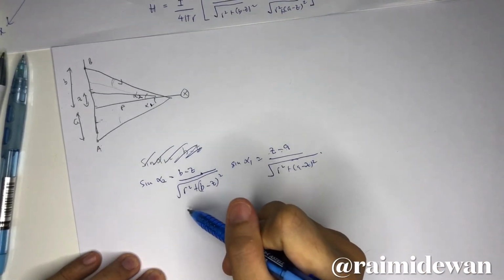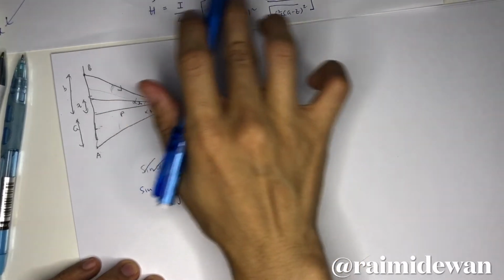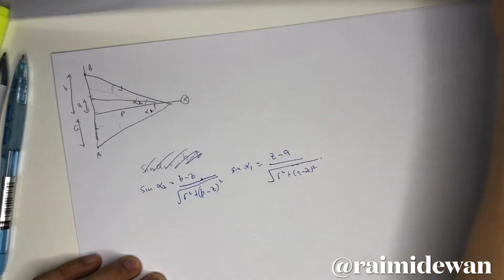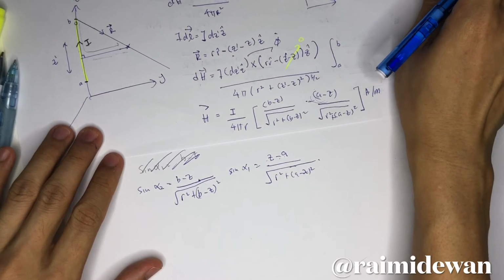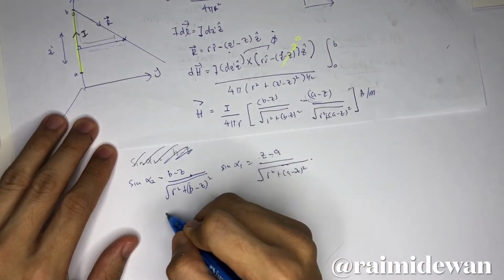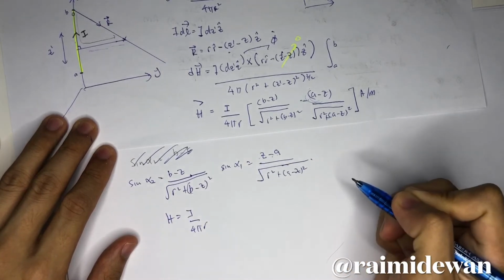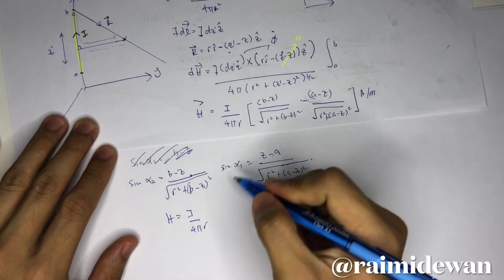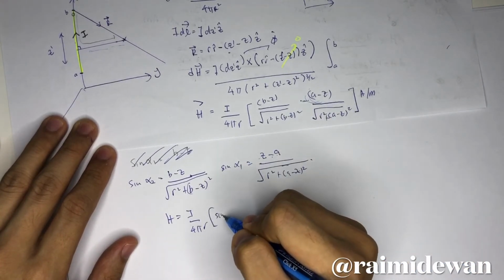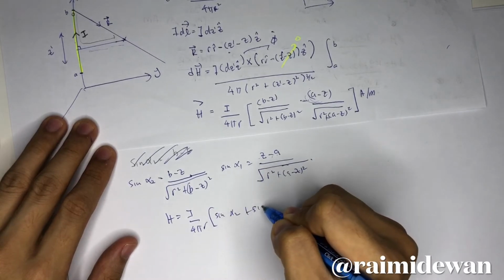So from this lengthy equation, you will have H equals I over 4 pi r, then you replace it with sine alpha 2 plus sine alpha 1.